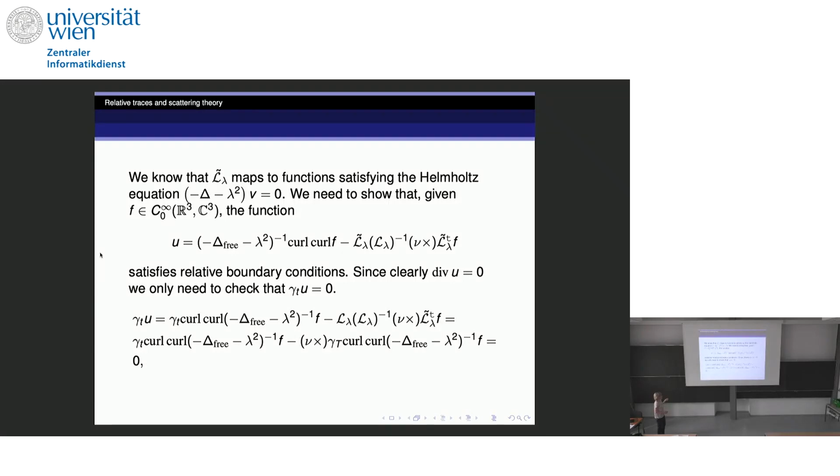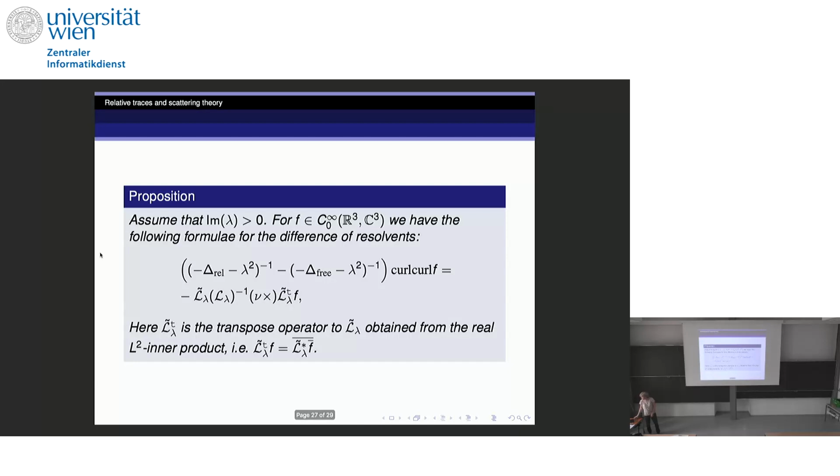We actually have to show that the trace of U is 0 on the boundary, and this can be easily checked. This formula is not too bad to check. But this difference actually describes the thing in question. So we do this by taking this part and this part and show that it indeed solves the correct problem.